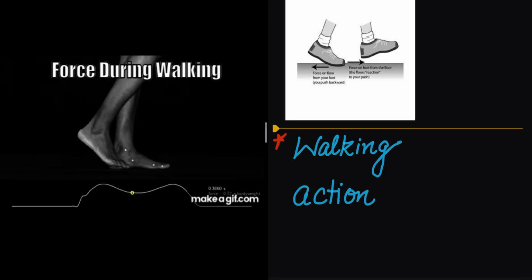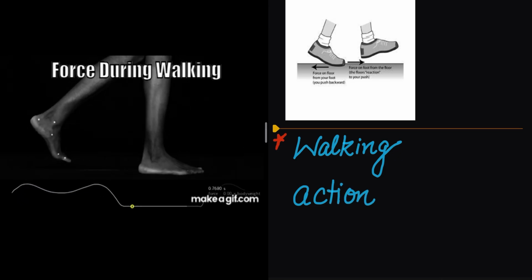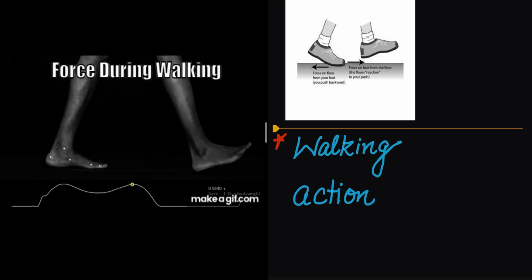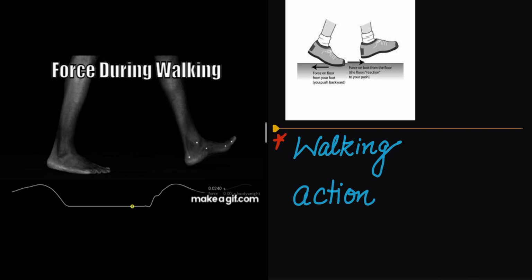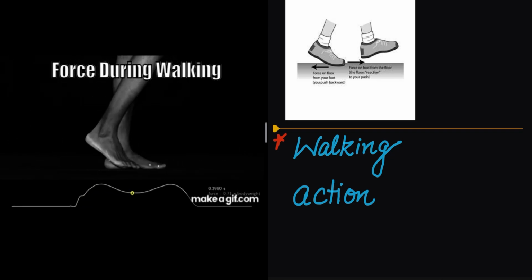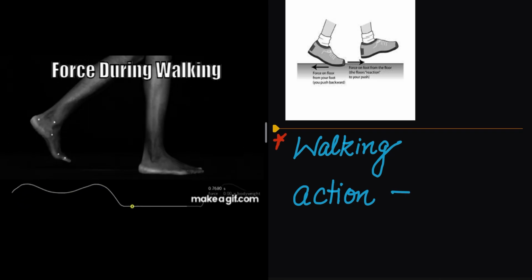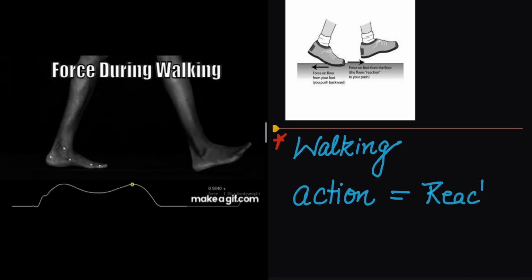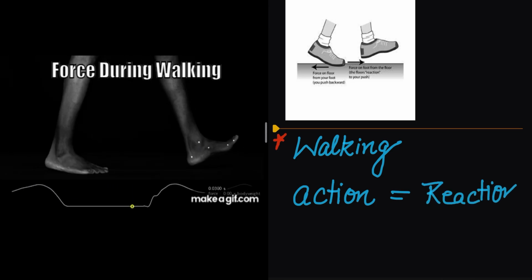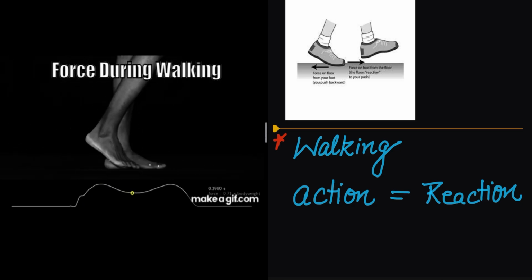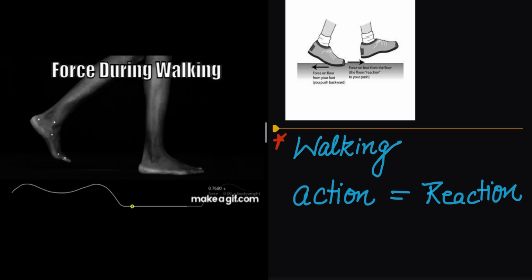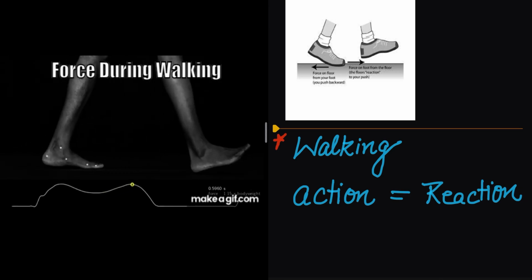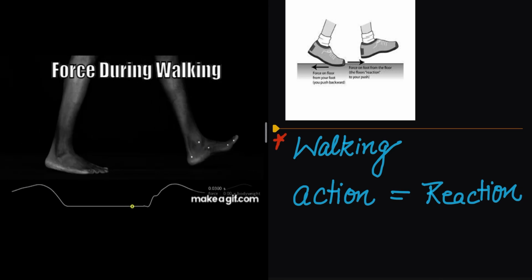Now in return, the ground also applies an equal and opposite force on our foot. In which direction? Forward direction. That force is nothing but a reaction. What do we call that? Reaction. That is, action and reaction are equal and opposite. And because of that reaction force, which the ground applies on our foot, we are able to walk forward.